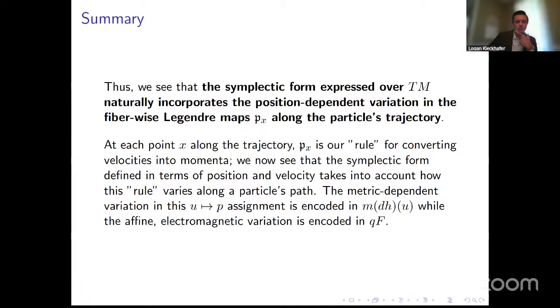When we express the symplectic form in terms of the tangent space, we have to include the position dependency of this map, because it is not going to be the same at every point in general. The metric-dependent variation is encoded in DH, while the electromagnetic variation is encoded in QF.